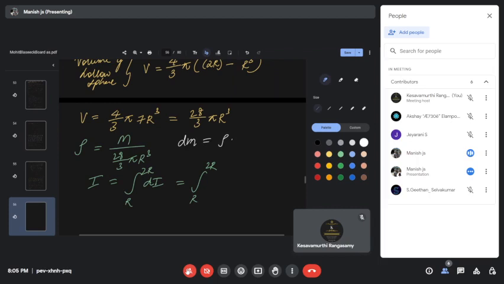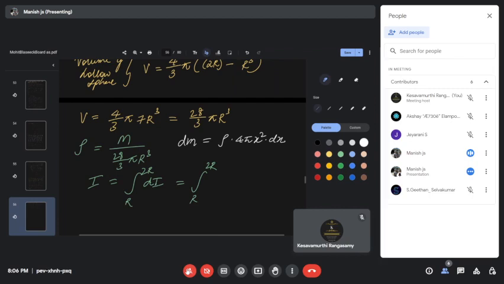I am only going to consider the small thin shell, which is 4 pi x square times dx. I'm just considering the volume of that particular slice. Then you add all the slices, and you will get it for the entire hollow spherical shell.